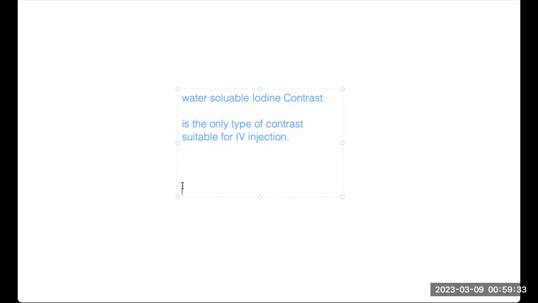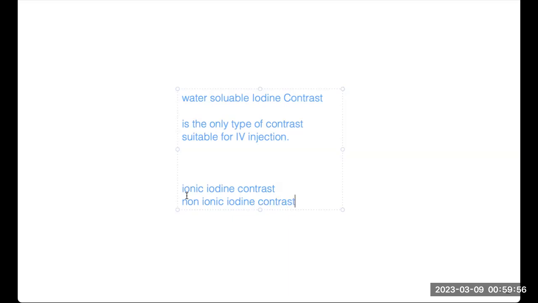So what I want to say is water-soluble iodine can come in two forms. It can be ionic iodine contrast, or it can be non-ionic iodine contrast. So what does that mean?